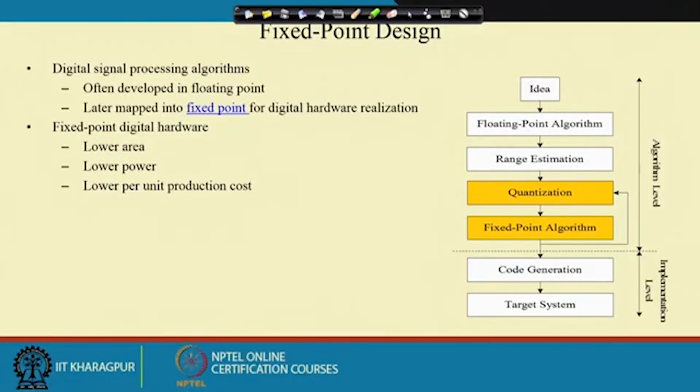In floating point, the corresponding range is very wide. But in fixed point, whenever we generate the hardware, the range of the data should be within a limit.